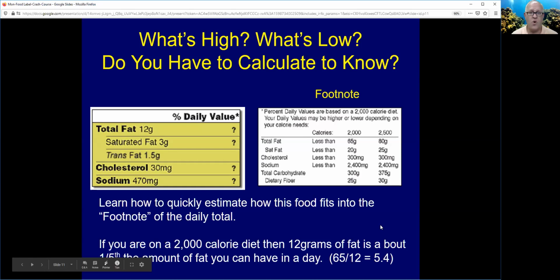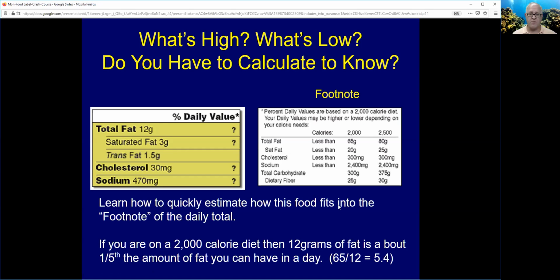Now, what's high, what's low, and do you calculate it to know it? Well, you can pretty much start to look at these and interpret what is high or low. So you can learn how to quickly estimate how this food fits into the footnote of the daily value.